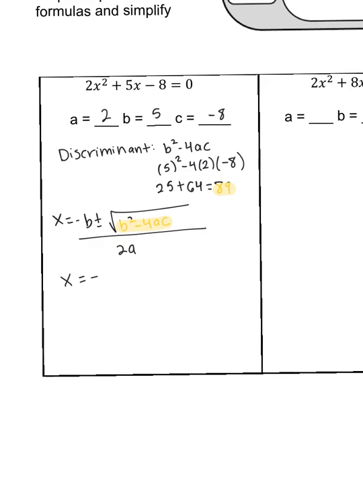Just think the opposite of b plus or minus the square root of b squared minus 4ac all over 2a. So opposite of b. So if my b here is a positive 5 originally, it's going to turn into a negative 5 in my equation. Then I'm going to have the square root of 89. That 89 is my discriminant, over 2 times a, and my a is 2. So I'm going to keep simplifying this.